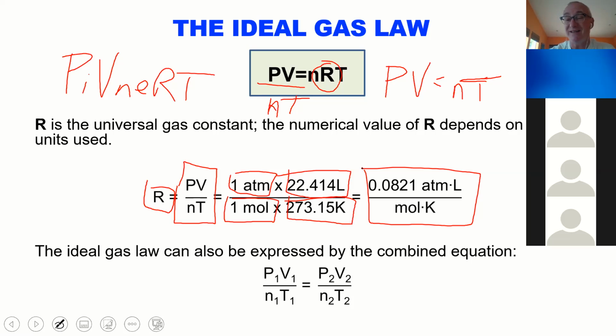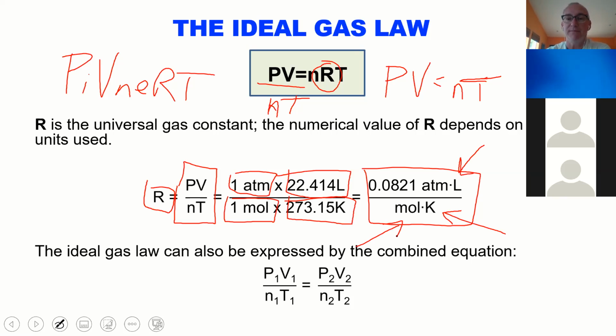But what you will need to do is, you may not get volume in liters, you may get volume in milliliters. So you'll have to remember to convert to liters. You'll have to remember to convert Celsius, if you're given Celsius, to K. And if you're given grams of gas, you're going to need to convert that to moles. If you're given torr, you're going to need to convert that to atmospheres.